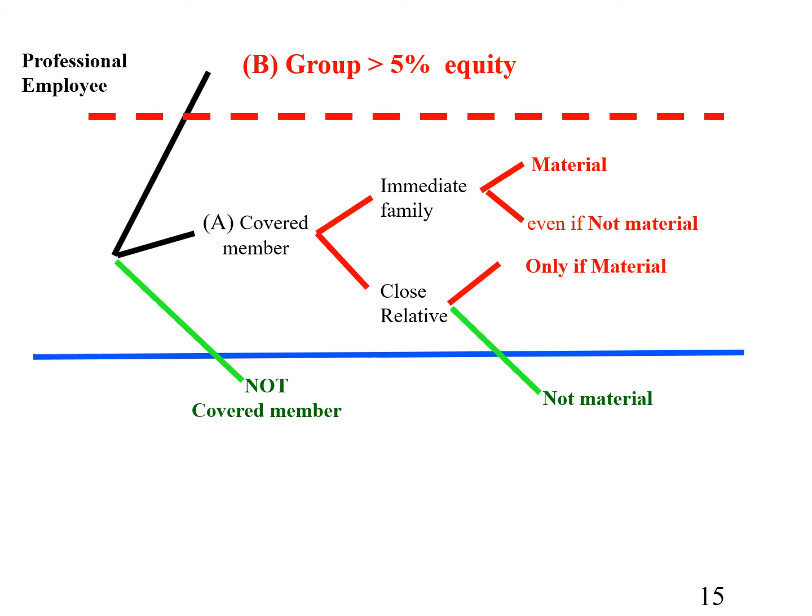Their close relative can have a financial interest as long as it is not material to the close relative. If the close relative's investment in the client is material, it will impair independence. If the close relative's investment is not material to the close relative, then it will not impair independence. If you're not a covered member, you will not impair independence unless, we go back to the top, you or some group of professional employees own more than 5% of the equity in the client.